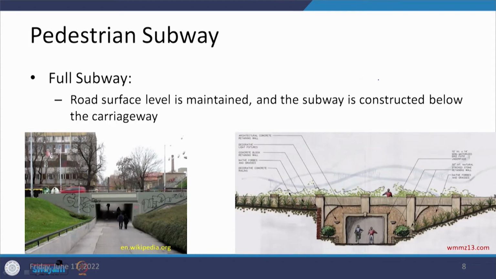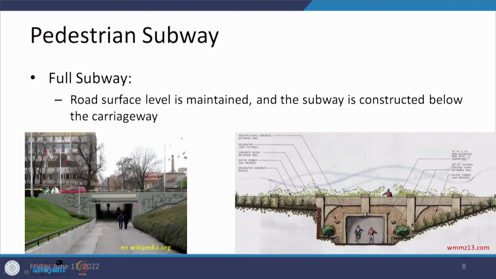That means, now we are going totally underground, and the whole of the height which is to be provided in terms of a subway is going to be below the road level. So, here we can see that the road is at this level. Here also it is being provided, and the whole of this subway has been provided below it.